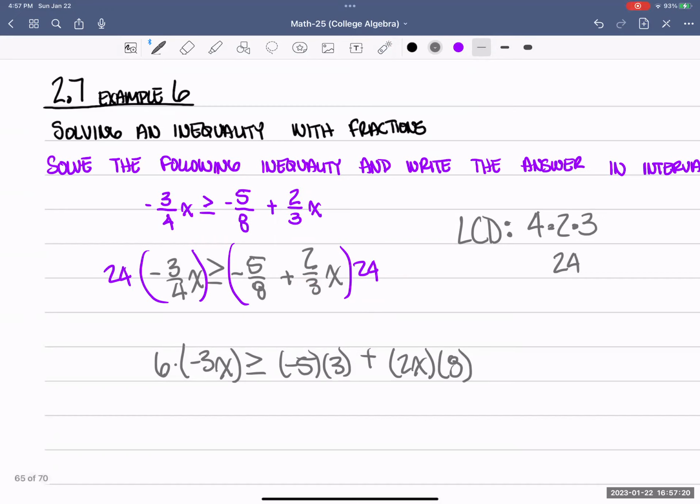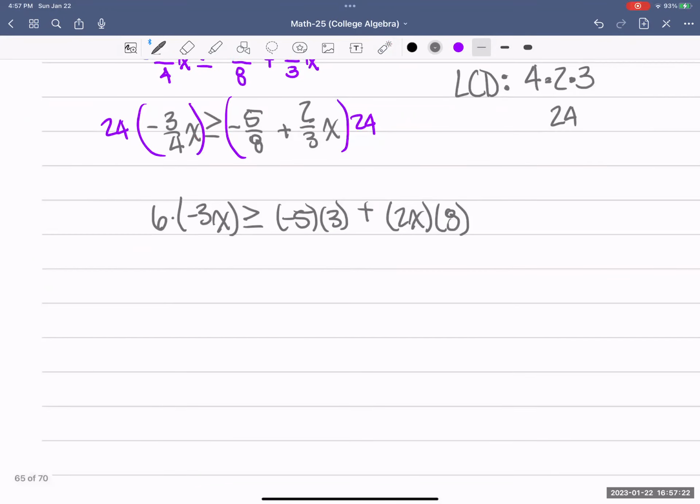And let's distribute and simplify. So 6 times -3x is -18x, greater than or equal to -5 times 3 is -15, plus 2x times 8 is 16x. Now we want all of the variables over to the left side, so that we can solve for the variable.